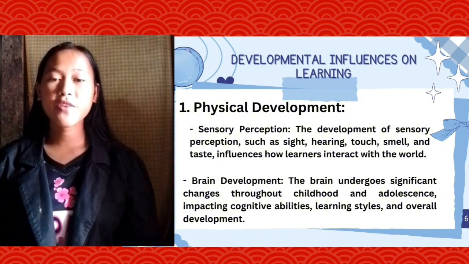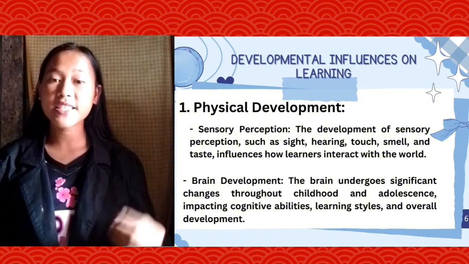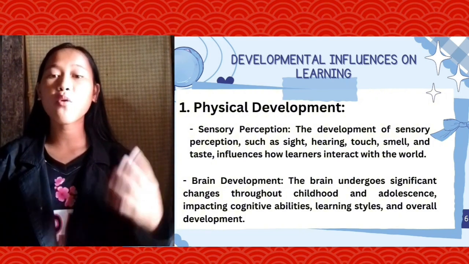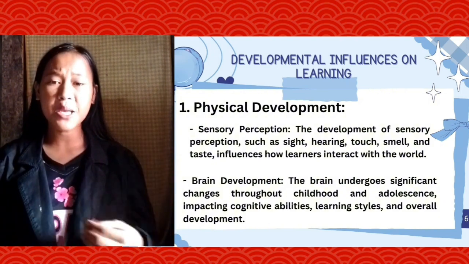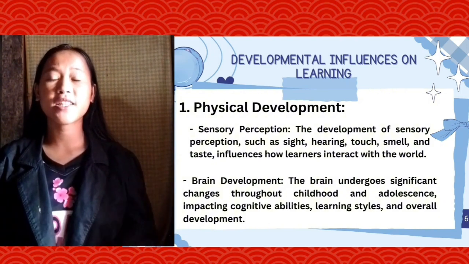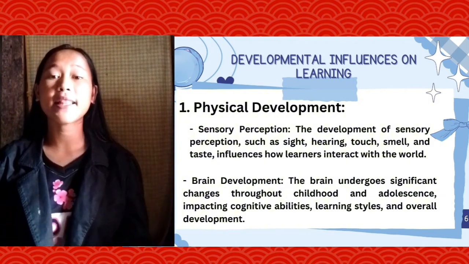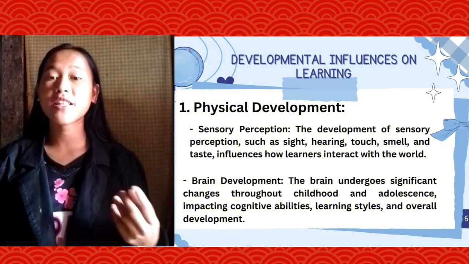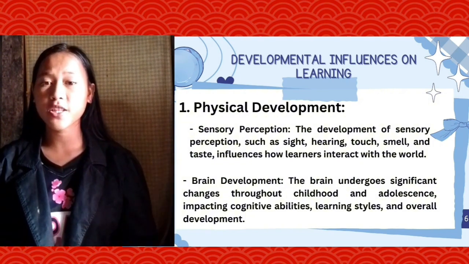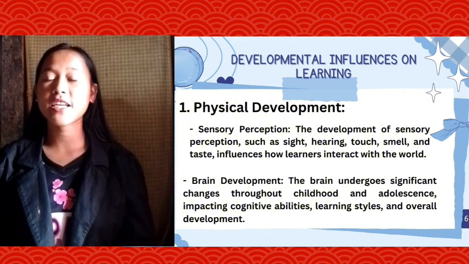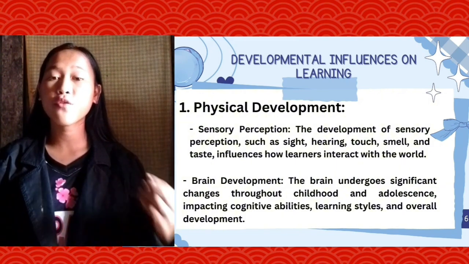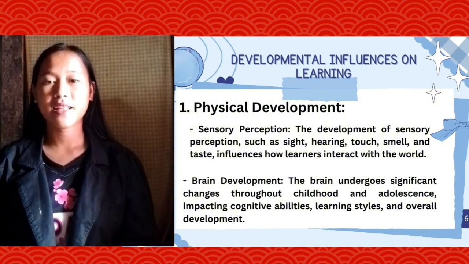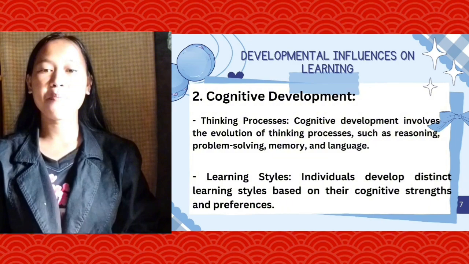Brain development is a fascinating and ongoing process and profoundly impacts a child's learning and overall development. By understanding these changes and providing appropriate stimulation, we can support children in reaching their full potential. The next one is thinking processes.